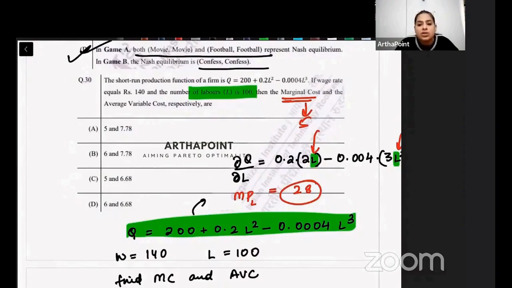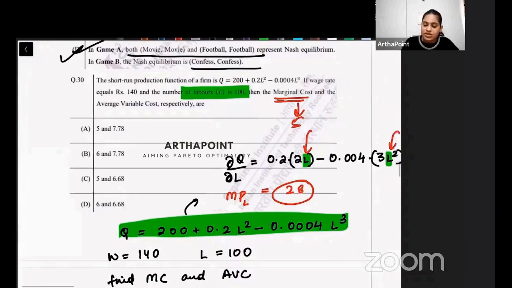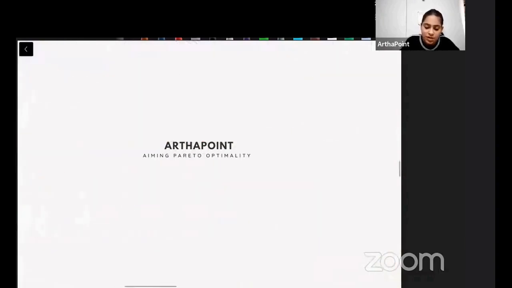Now let's talk about the average variable cost. Okay. So what is average variable cost? Average variable cost will be total variable cost by output. What is total variable cost? It is nothing but the cost you incur on your variable input.